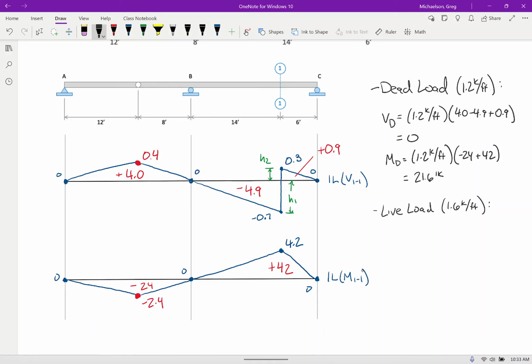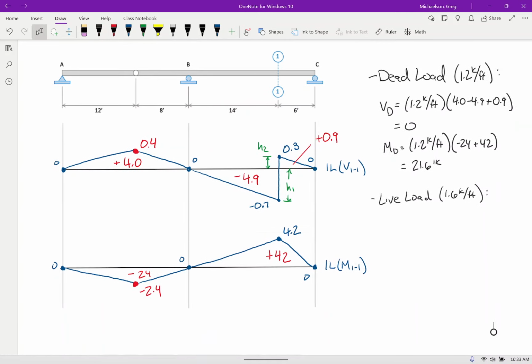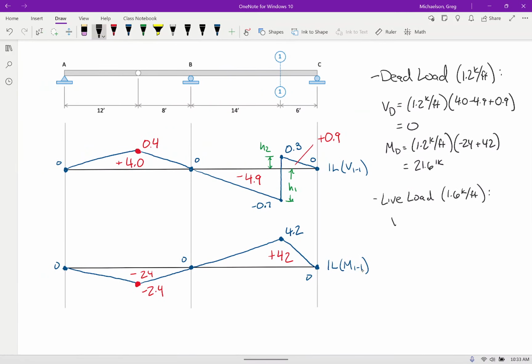We're going to have a lot of calcs here, okay? How would we generate the worst case positive shear? How do we do that? We take 1.6 kips per foot times what? The worst case positive shear.